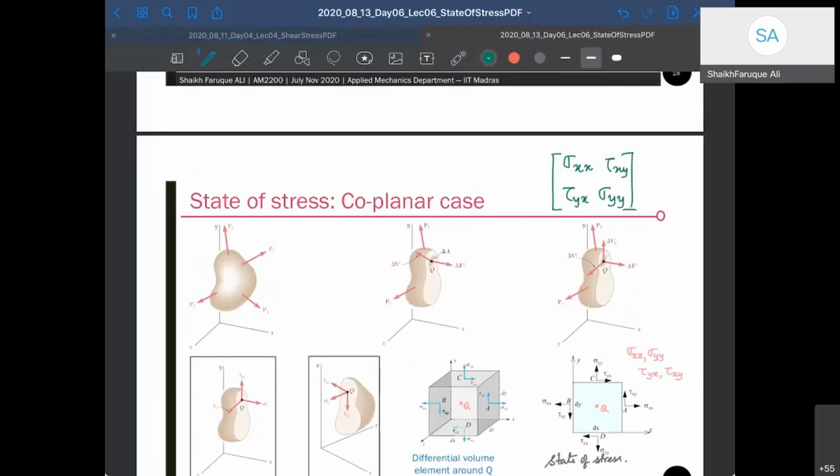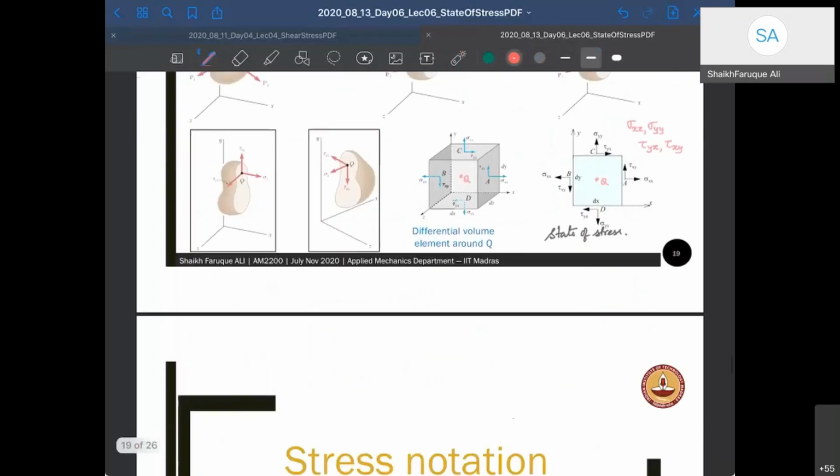These are my 4 stresses, but these 2 are equal. Therefore, it's a symmetric matrix. All right, so there are 3 unknown stresses.